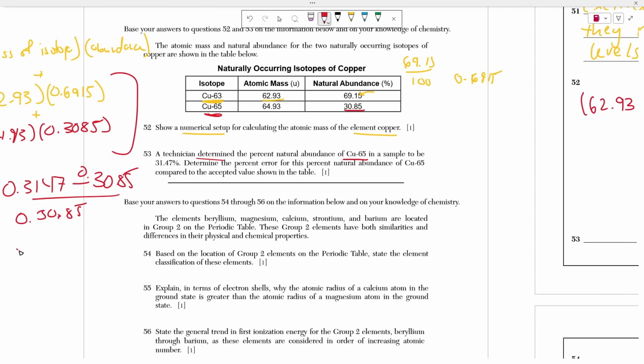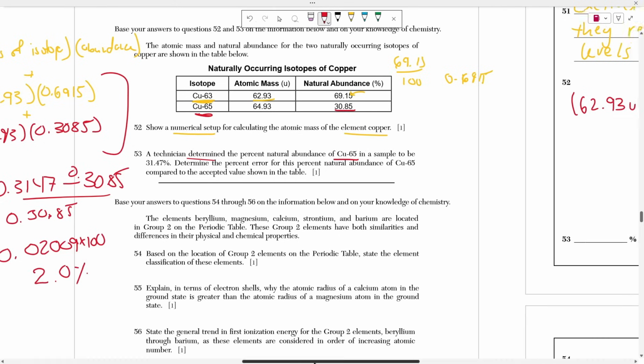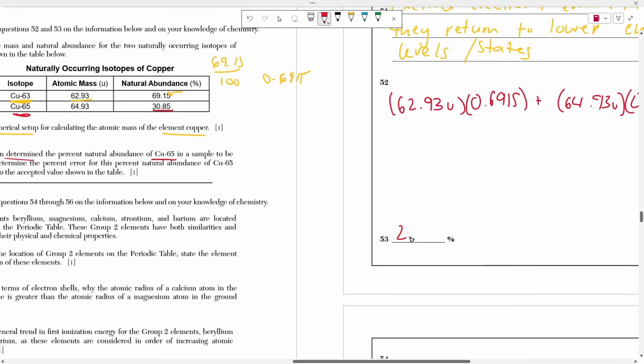That gives me 0.02009. Now remember, I want to convert this into a percent, so I multiply this by 100. And my answer is going to be 2.0%. Remember, include the 0.0, you get 2.0%. That's the correct answer here.